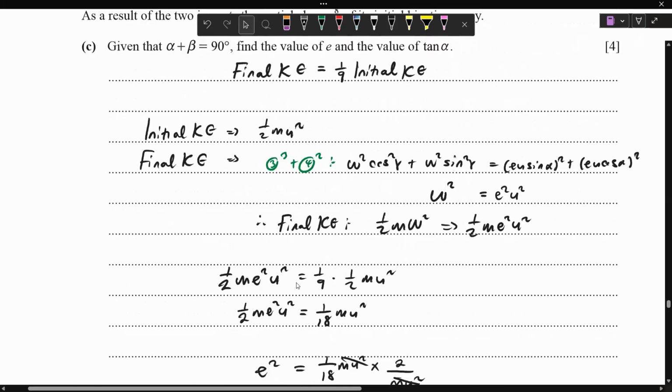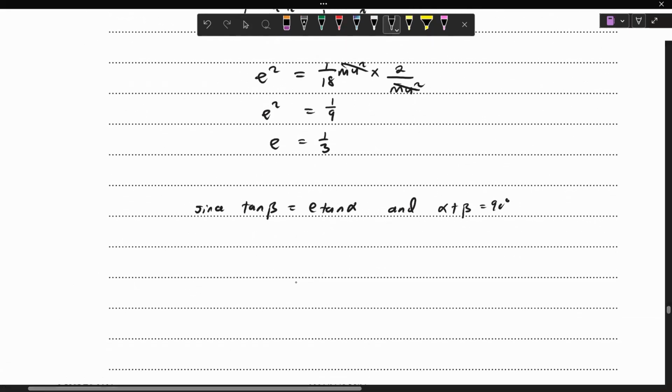Because what we're looking for is tan alpha, we can say tan beta, which is tan of 90 minus alpha, because beta is 90 minus alpha, is equal to E, which is a third, of tan alpha.